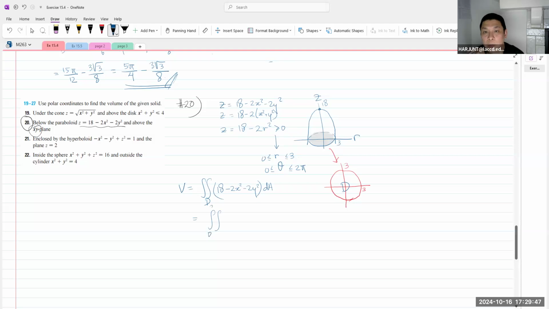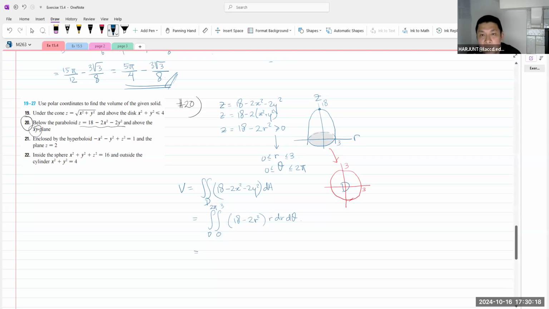Integral from 0 to 2 pi, integral from 0 to 3 of 18 minus 2r squared, r dr d theta. Now notice that the domain of the integral is a rectangle, and the integrand, in fact, is independent of theta. No theta. So we can use Fubini's theorem here.